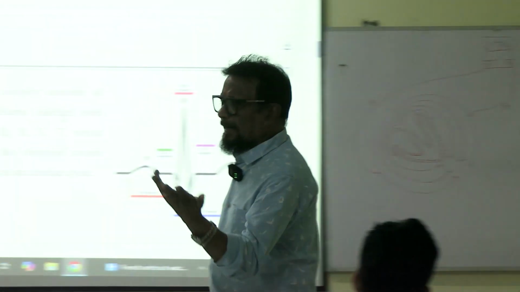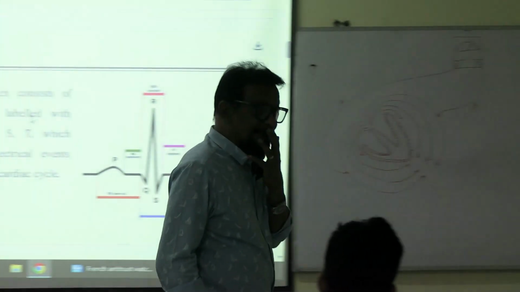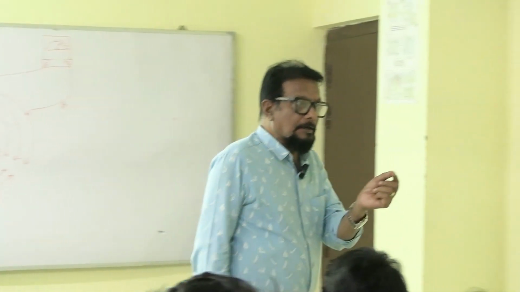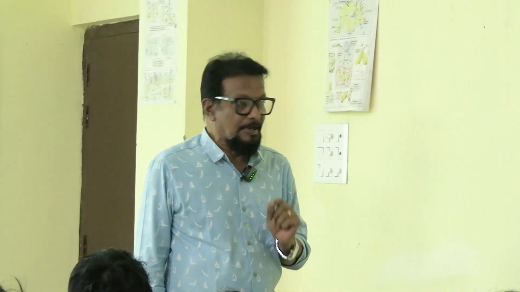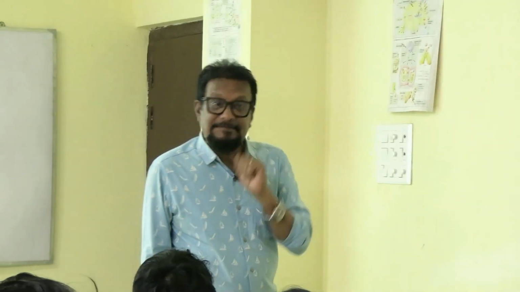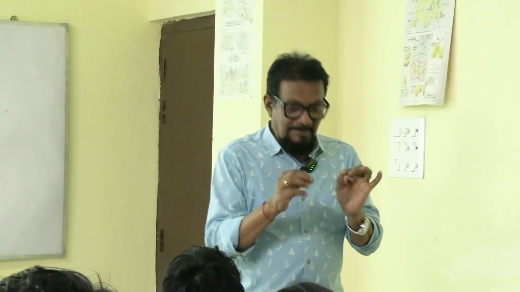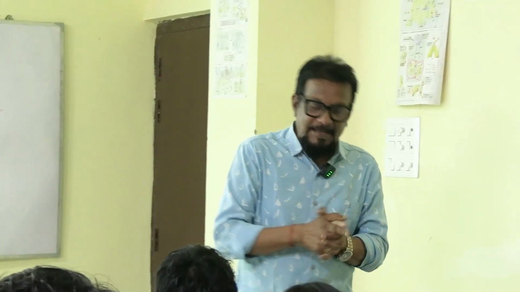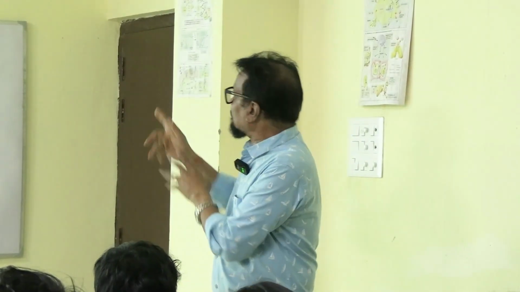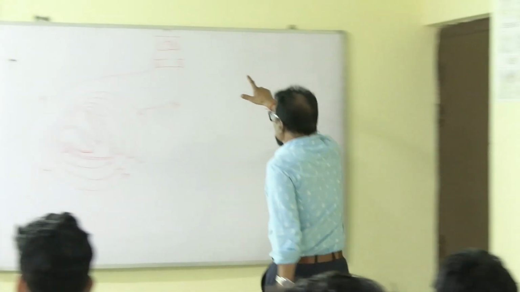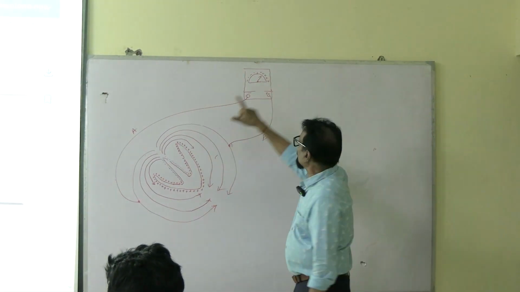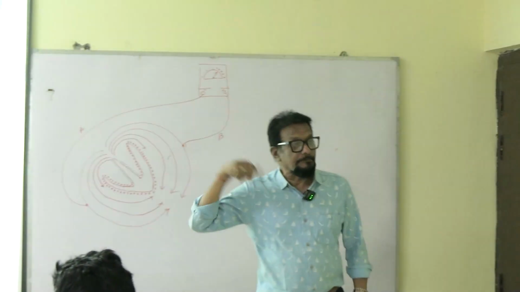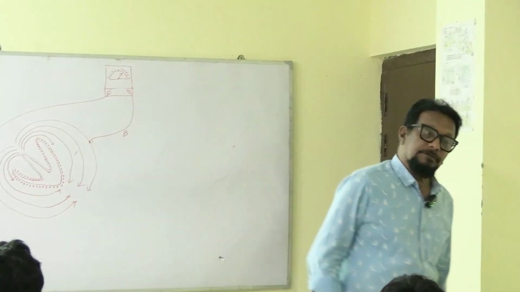There are various kinds of leads, and each kind also has different types. Let us first discuss what a lead is. A lead comprises two electrodes, one positive and the other negative. The positive electrode will be connected to the positive terminal of the galvanometer, and the negative electrode to the negative terminal of the galvanometer.